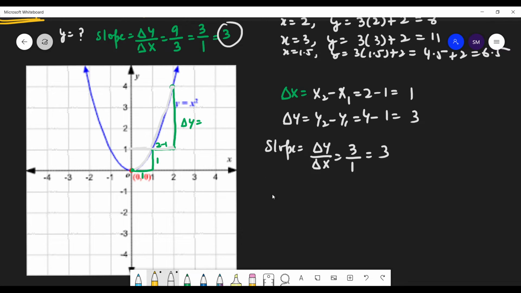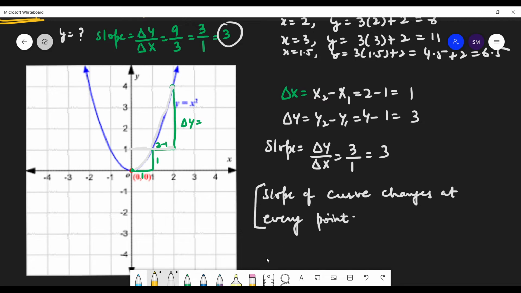So the slope of a curve changes at every point. Slope is changing at every point on the curve, whereas the slope of a line is constant.